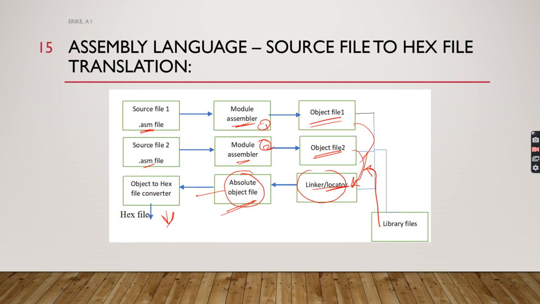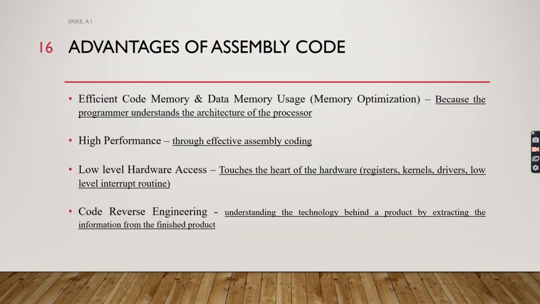So next we look at the advantages of assembly code. Number one is efficient code memory and data memory usage. That amounts to memory optimization. You're able to use your memory very well. And why is this possible? It is because the programmer understands the architecture of the processor.